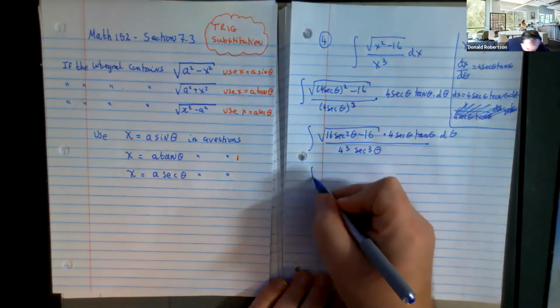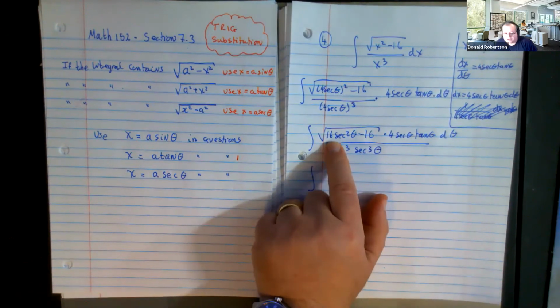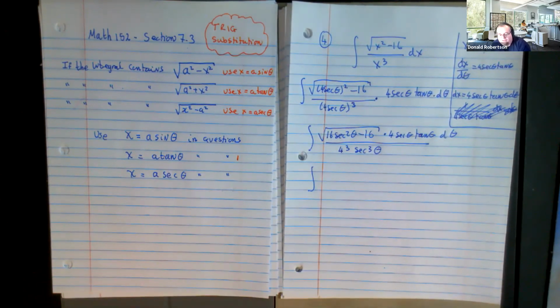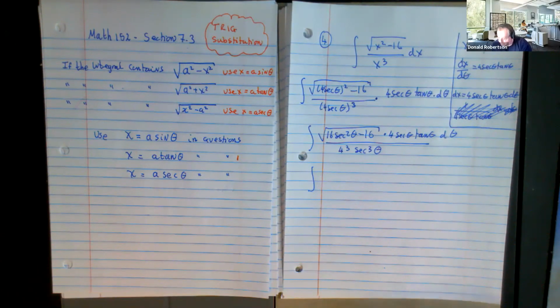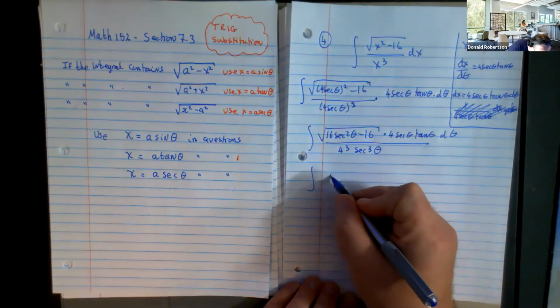Okay, let's see if I can save a line. What will 16 secant squared take away 16 get me? You could guess what it was. Yeah, it's going to get me 16 tan squared, which is just like Brendan said, so the square root gives 4 tan theta.